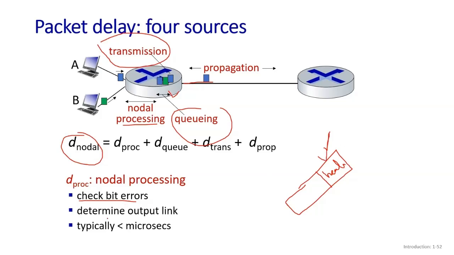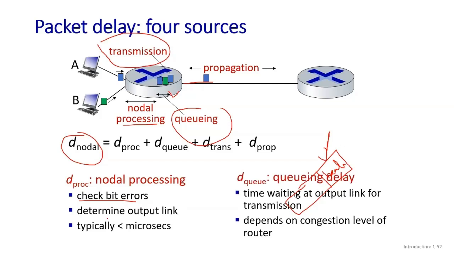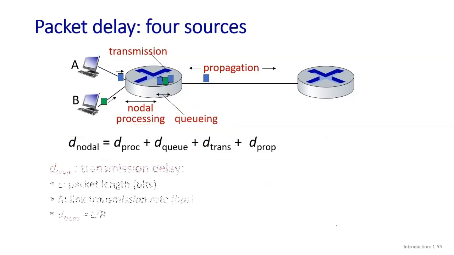Typically, it is less than microseconds. Then we have the queuing delay, the time packets wait at the output link for transmission. It depends on the congestion level of the router.